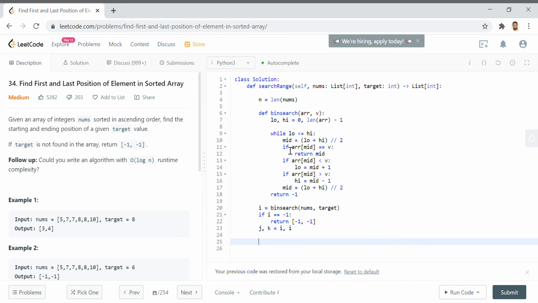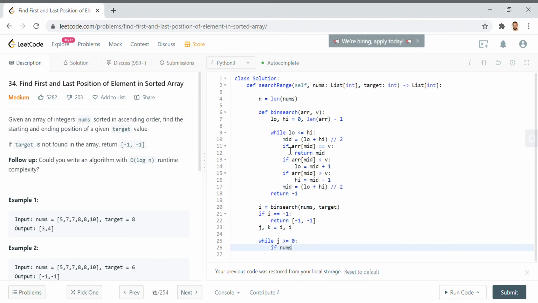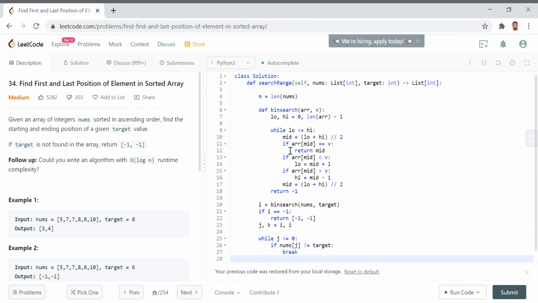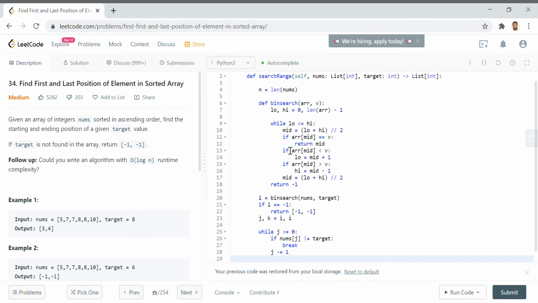Now, here's what we're going to do. We'll say while j is greater than or equal to 0, if nums of j is not equal to target, break. The reason we're going to do that is we want to find the leftmost occurrence for our integer under consideration.